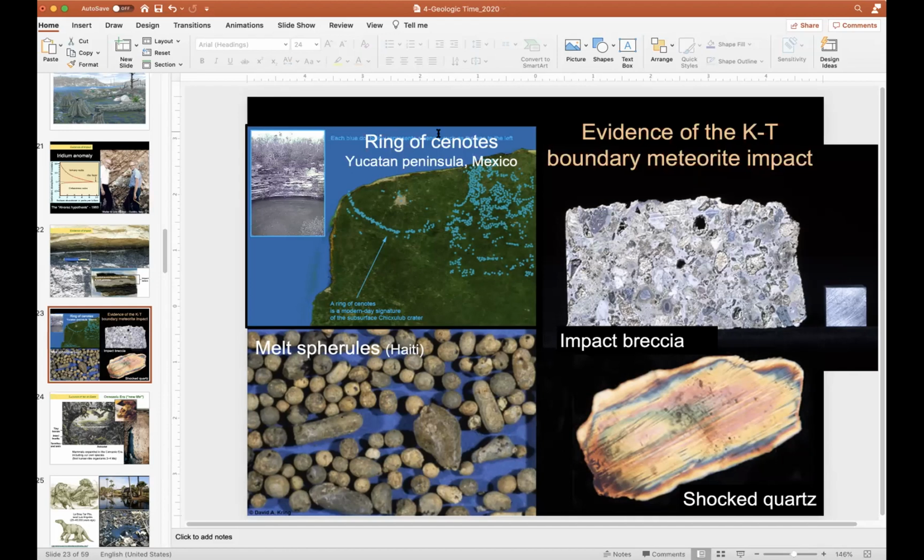Anyway, this ring of caves that are now filled with water, this is what one looks like, one that opens up to the surface. They're pretty steep-sided, like a collapsed structure. There was an opening beneath it, the rock was eaten away by probably acidic rainwater or groundwater, and then the roof collapsed, leaving this open pool.